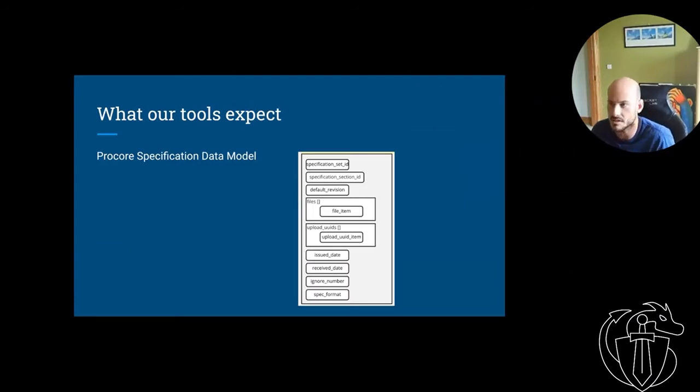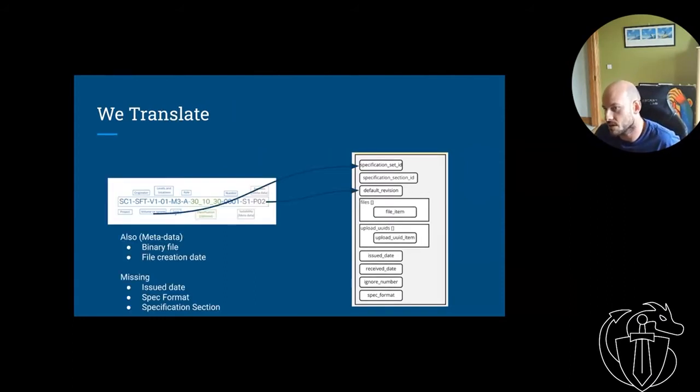So I suppose the difference is what our tools expect. For example, this is a Procore specification data model, or a data model for what Procore calls a specification. They want these properties, so we try to translate those from the file name into what Procore expects through the API.